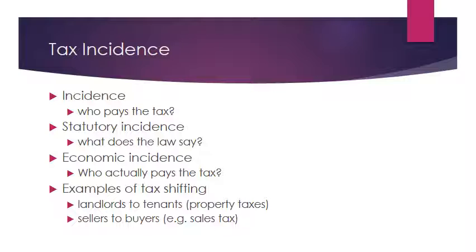However, if property owners are renting their property, they can raise the price of the rent so that they can cover the taxes they have to pay, in addition to the income that they want to get from renting their property.